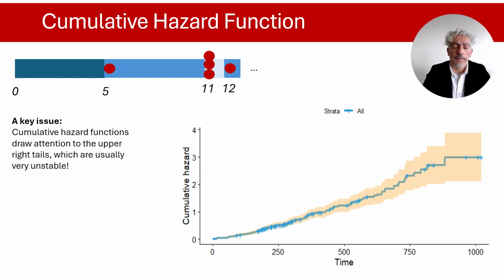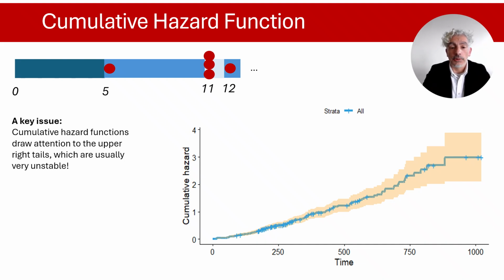Regardless of the methods used to calculate the cumulative hazard function, cumulative hazard functions have a common problem. That is, they draw attention to their upper right tails, and here I provide an example taken from the lung cancer dataset. But the upper right tails usually are estimates that tend to be very unstable.